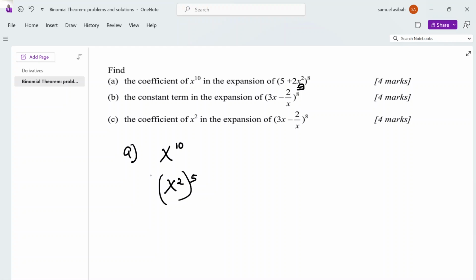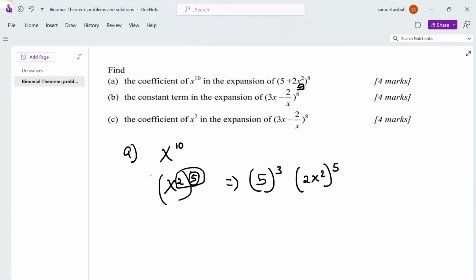These questions are a bit easier. So we get that it is 5. So which means this term here has to be raised to 5, and the total is 8. So which means in this case, then we get that 2 has to be raised to 3, because this x squared has to be raised to 5, because we need the power of 10.